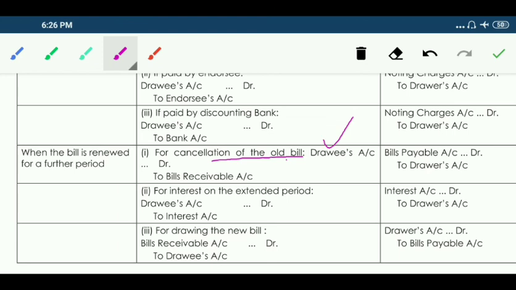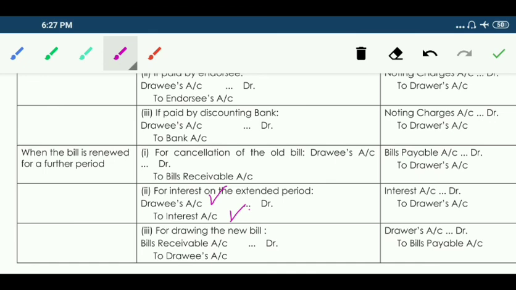Next, for interest on the extended period, the drawee's account is debited to interest account, because for the drawer interest is income, so it is credited in the books. The drawee is debited for the interest amount because he is liable to the drawer. So the entry is drawee's account debit to interest account.